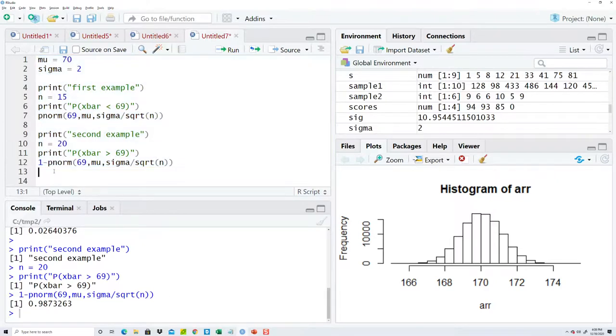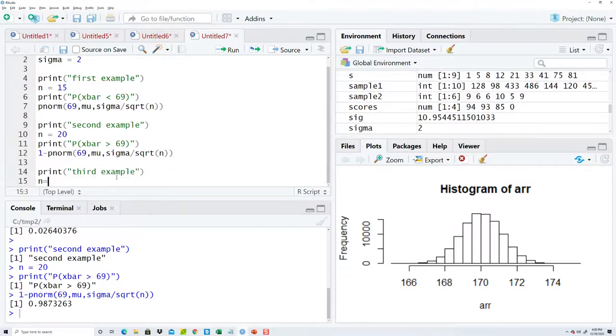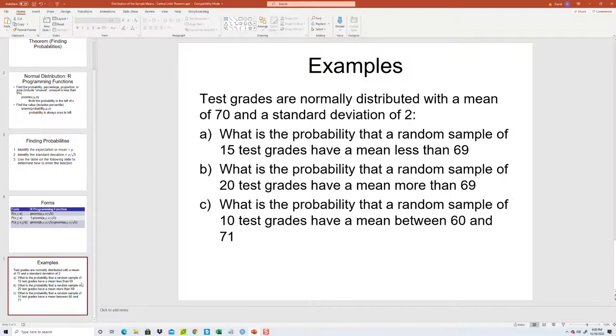Okay, third example. What's the probability a random sample of 10 test grades have a mean between 60 and 71? So n would equal 10.